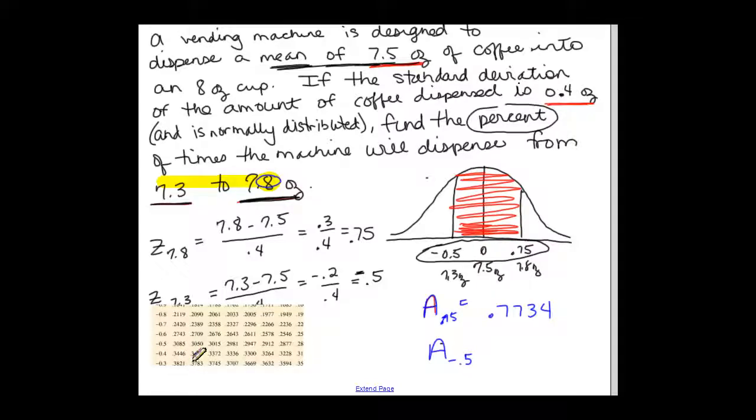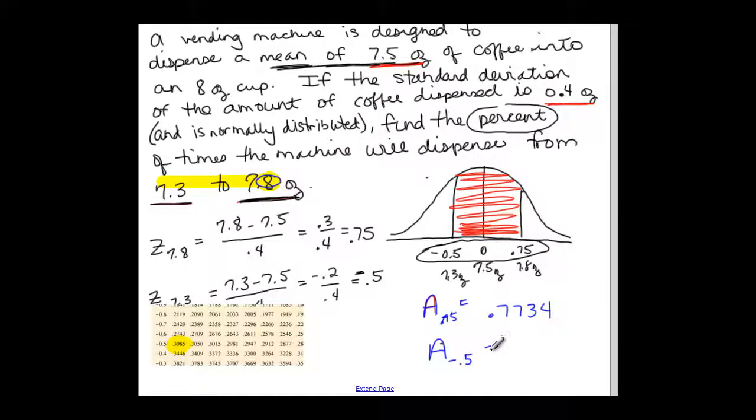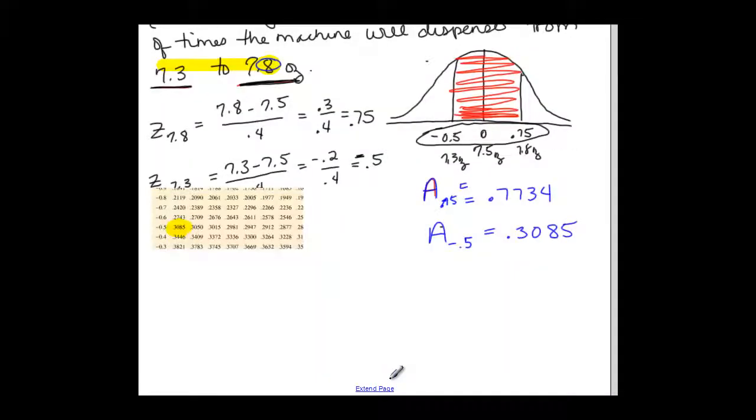So the area to the left of negative 0.5 is 0.3085. But remember, we want to subtract those values.